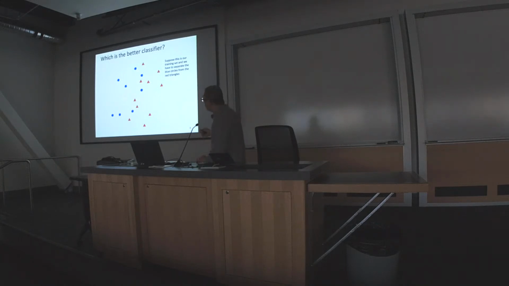In other words, we want to find a classifier which can well separate those blue circles from those red triangles. Right? So if you design a classifier, which kind of classifier do you feel is good? Any thought? Just a guess.